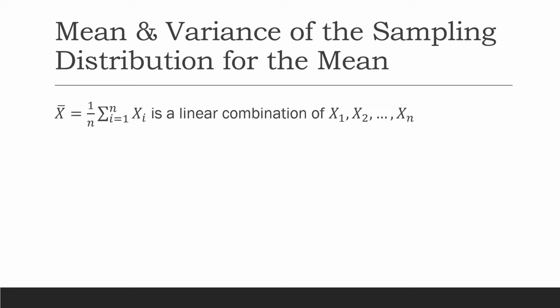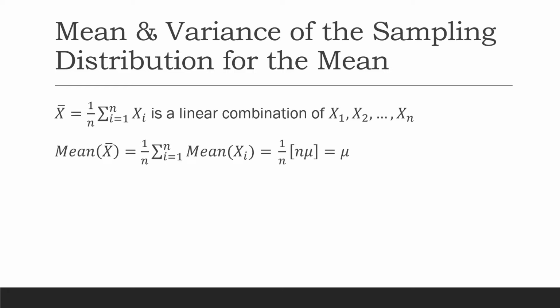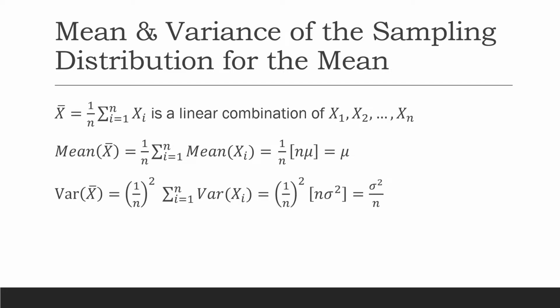Since each of those is selected randomly from a population with the same mean, the mean of the sampling distribution for the sample mean can be shown to be equal to the mean of the population, mu. Similarly, the variance of the sampling distribution can be shown to be the population variance, sigma squared, divided by n.